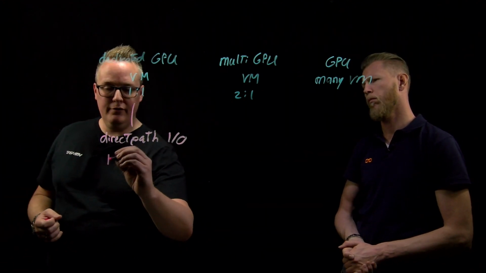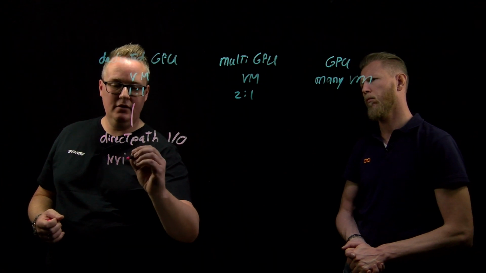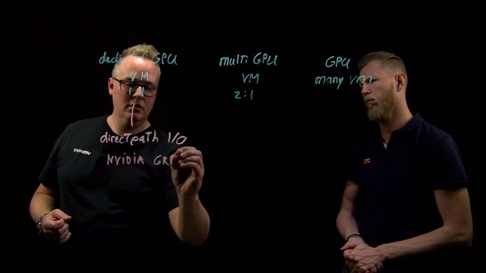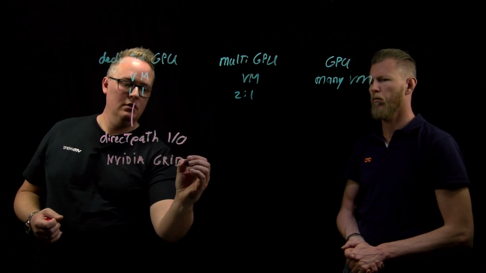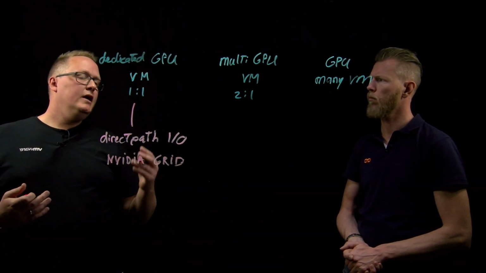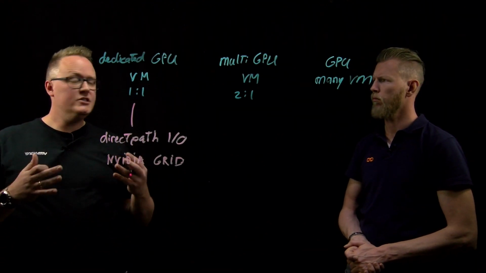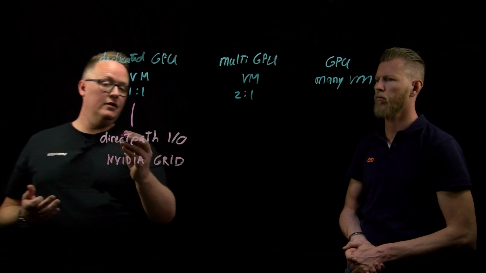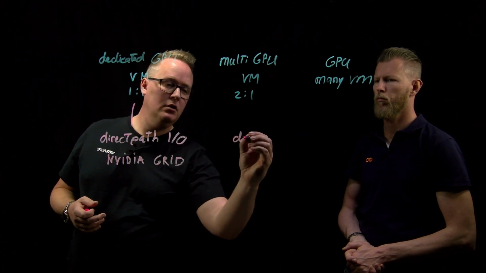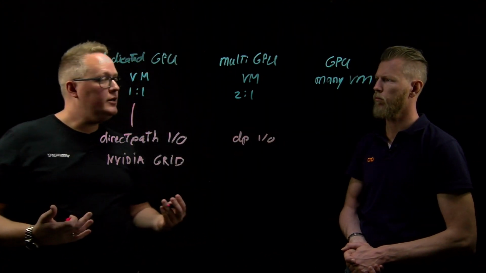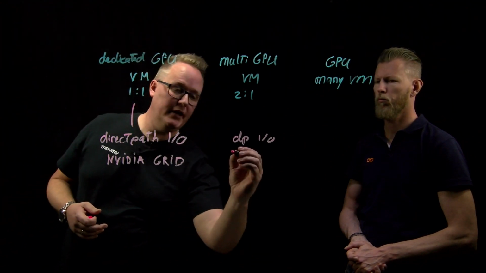We also have Nvidia Grid that can provide this functionality for us. When we look at multiple GPUs that we can assign to one single VM, we can again do that with DirectPath I/O, and we can use another third-party solution that is Bitfusion FlexDirect.